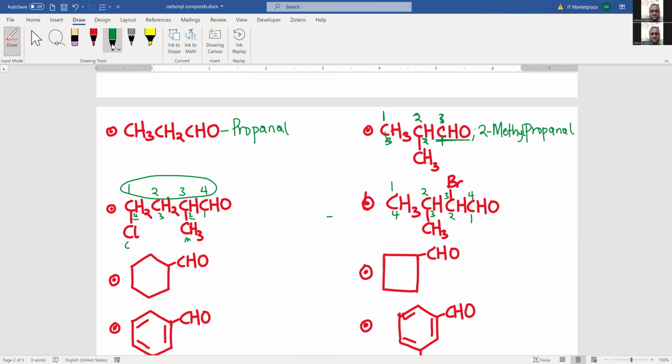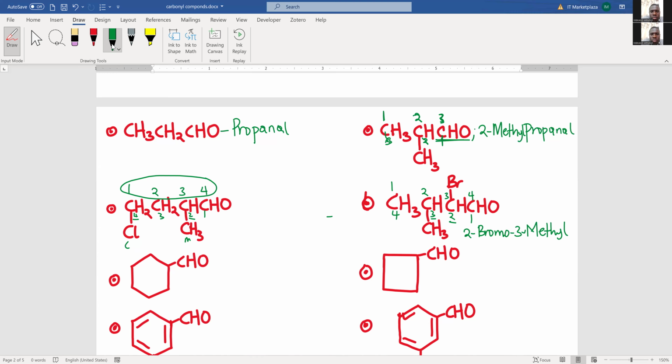Going with the numbering down, at 2 and 3, I have branches. At 2, I have bromo. At 3, I have methyl. What comes first? B. Therefore, the name will be 2 bromo, 3 methyl.